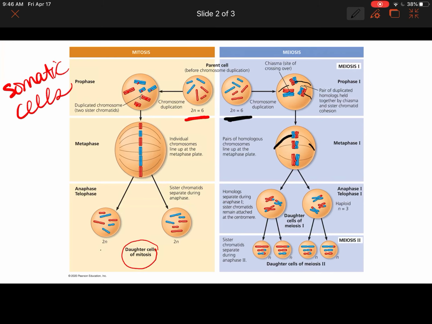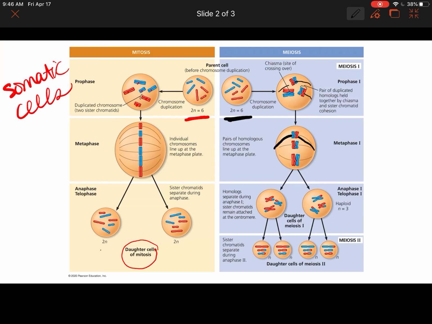So look here, in metaphase 1, when the homologous pairs are lined up on the metaphase plate, each chromosome in the homologous pair is attached to the spindle. Okay, because those sister chromatids are sharing a common centromere.